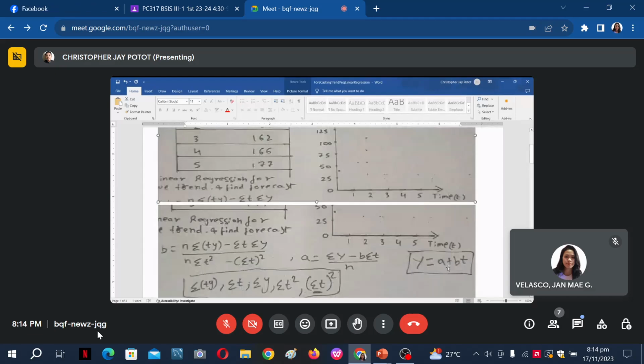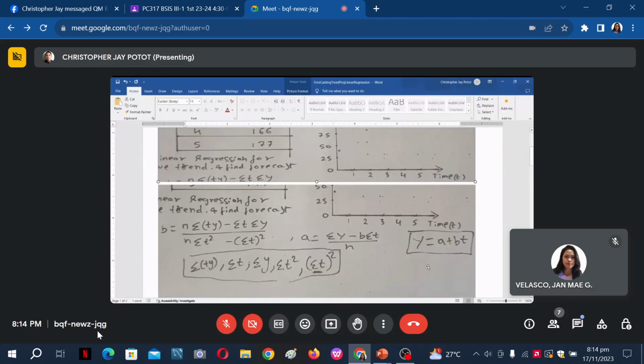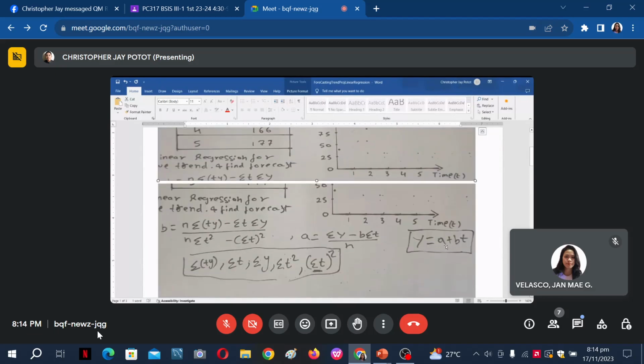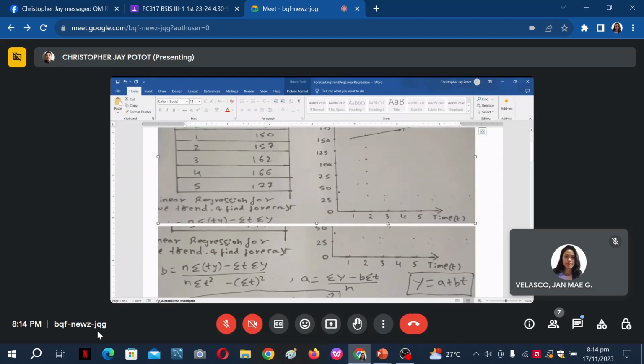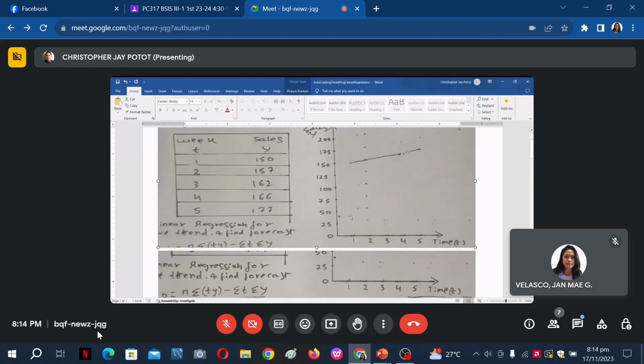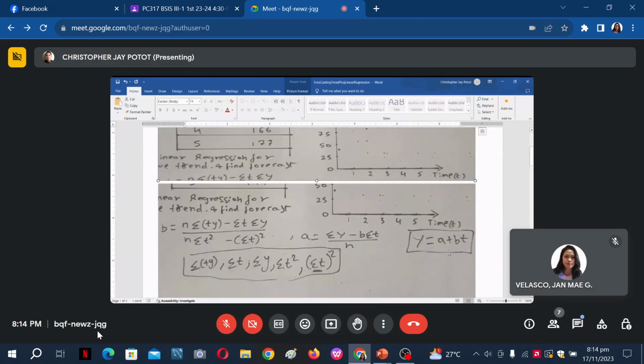This is also an example of linear regression. In order to find a, because our a value here is unknown, we must have a formula.